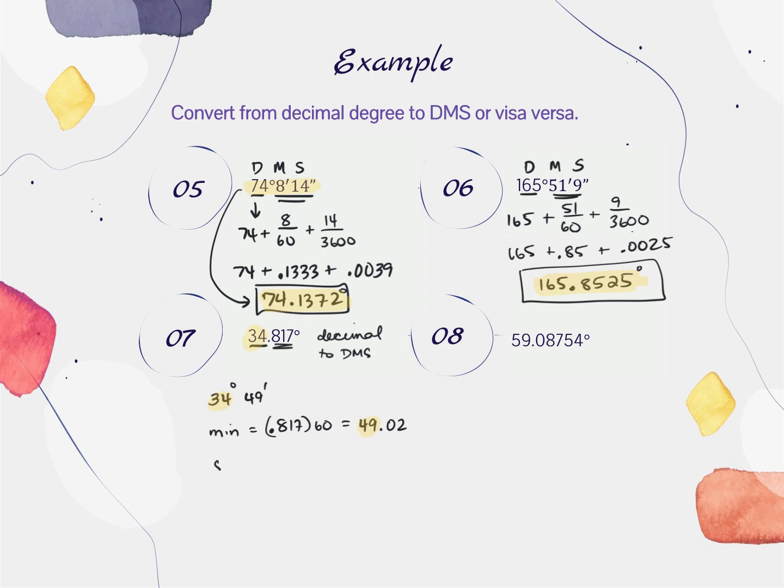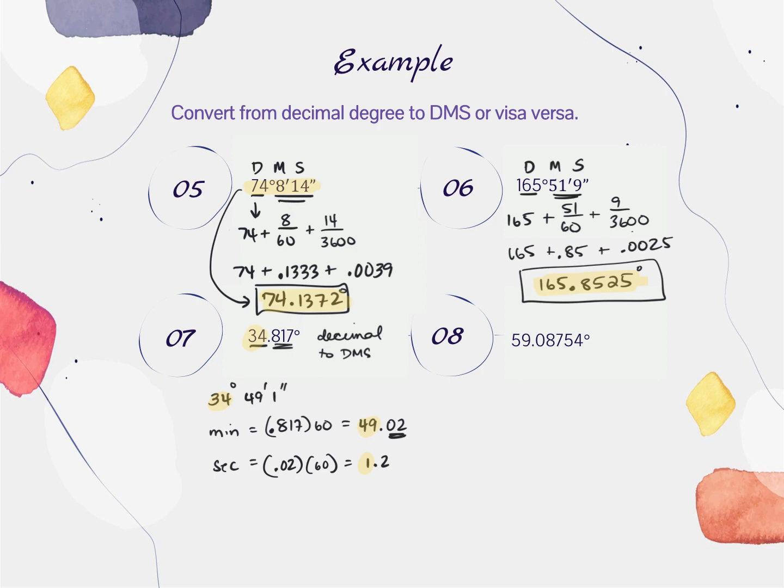And then for my seconds, I'm going to take the decimal part of 49.02, the 0.02 part, and I'm going to multiply that by 60. So again, 0.02 times 60, and I'm going to get 1.2. And again, I'm going to take the whole number part of it, and that's going to be my seconds.